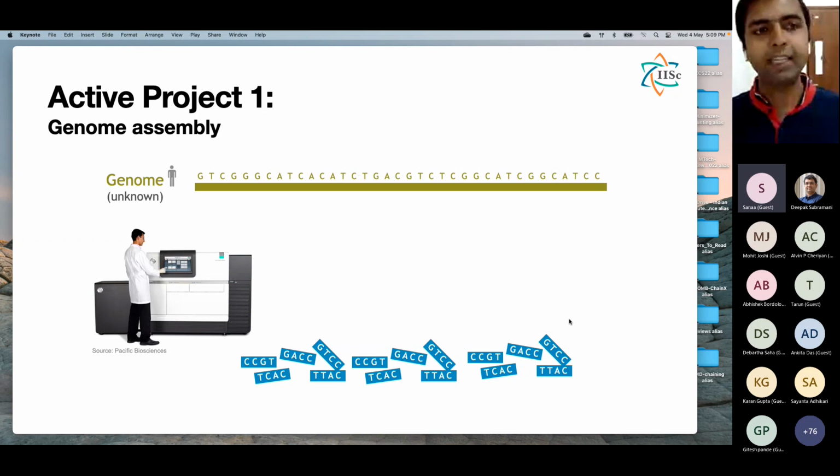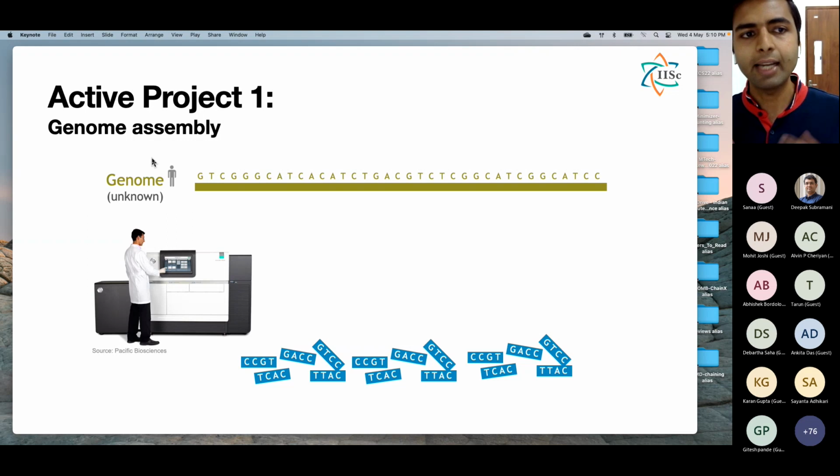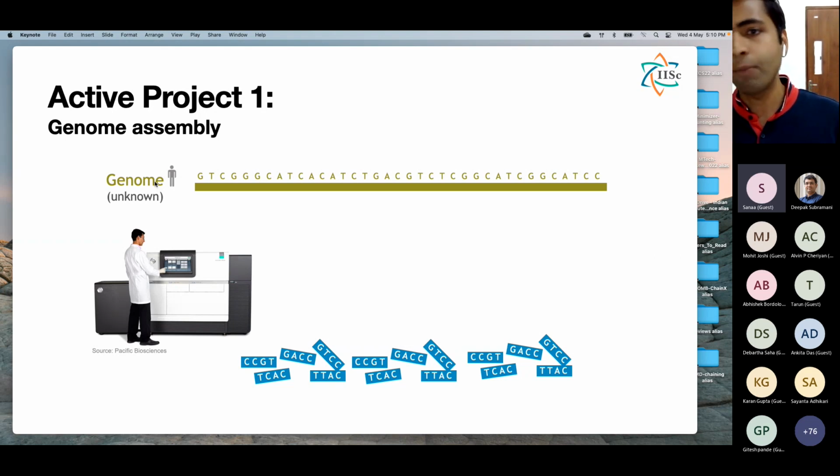So the first project I refer to as genome assembly. Genome assembly is the task of reconstructing the genome. As I said, when we have a complete genome sample from an individual, the genome in its natural format is not accessible to us. We need sequencing instruments to be able to read those parts of the genome, right? And the sequencing instruments will give out fragments of the DNA as output.